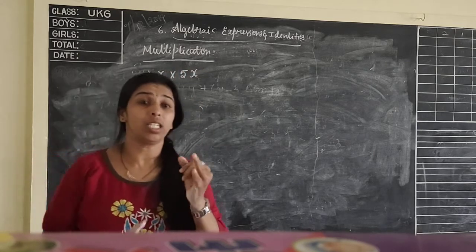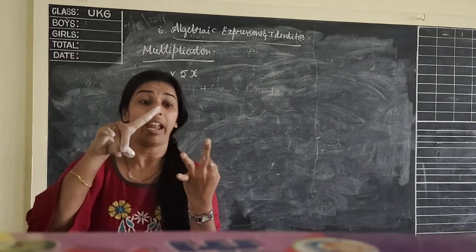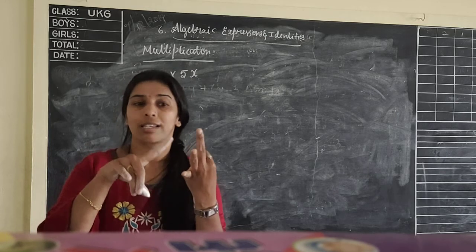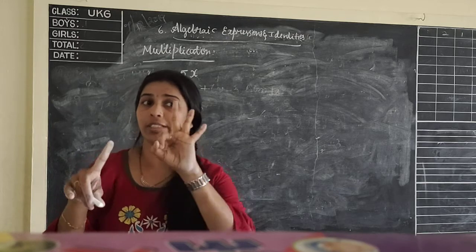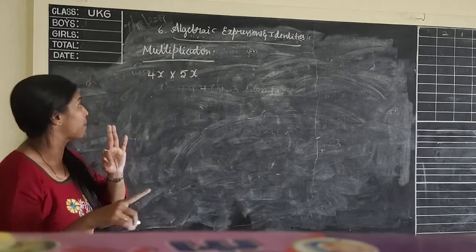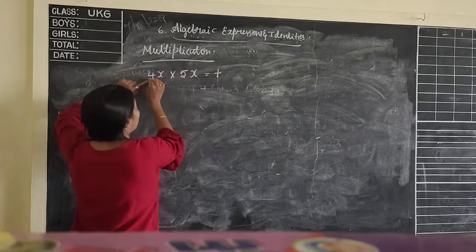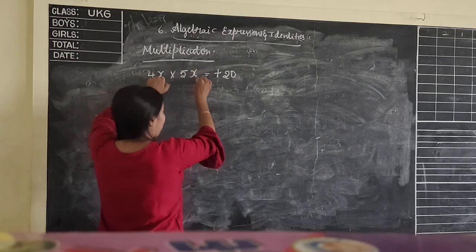Here while multiplying, 3 things you have to see. First sign multiplication. Next number multiplication. Next coefficient multiplication. Okay? Sign multiplication, number multiplication, coefficient multiplication. 3 times the steps are there. Plus into plus, plus. 4 5s are 20. X into x.